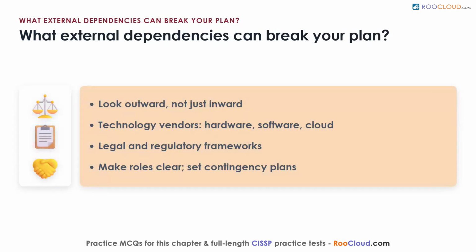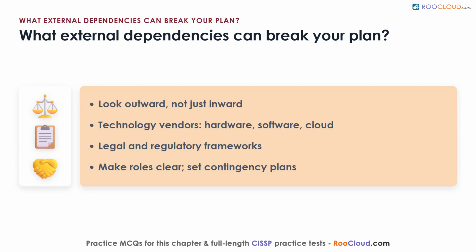What external dependencies can quietly break your plan? A robust plan does not just look inward at your own processes. It looks outward at everyone you rely on. Your dependencies stretch from technology vendors supplying hardware, software, and cloud services to the legal and regulatory frameworks that govern your response.